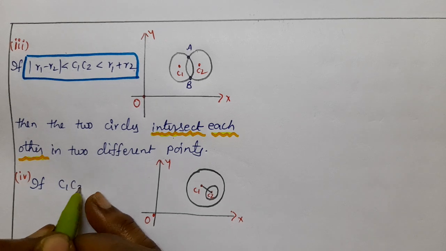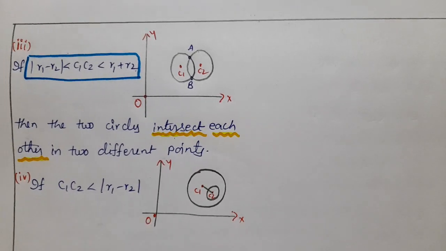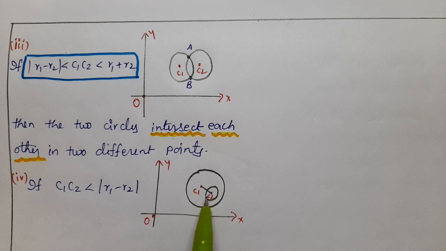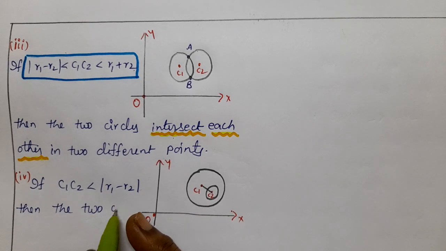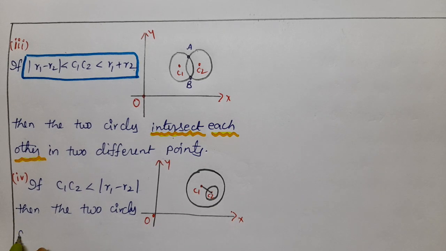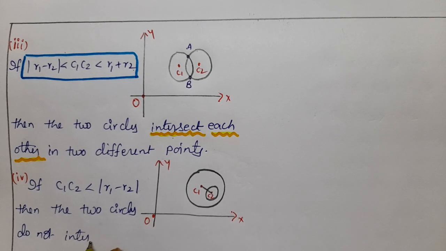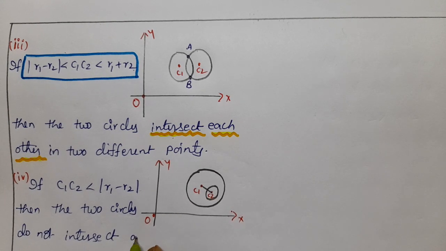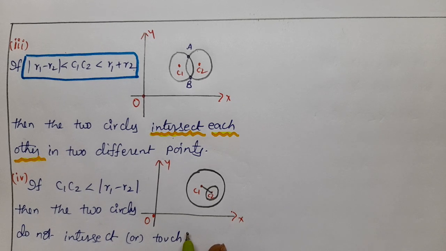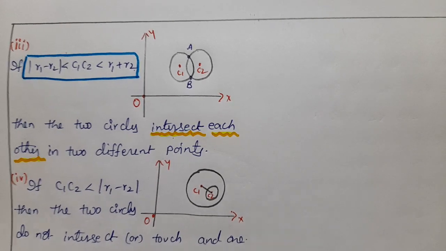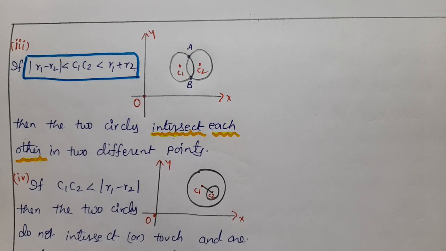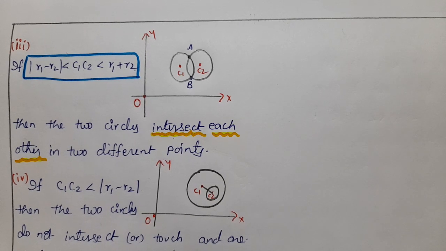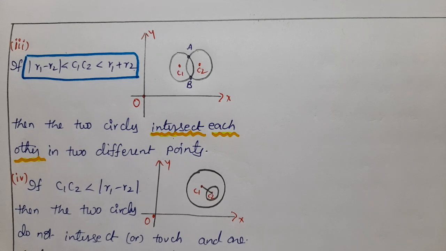If C1C2 is less than modulus of R1 minus R2, if the distance between the centers is less than modulus of R1 minus R2, then the two circles do not intersect or touch, and one circle will be completely inside the other circle.